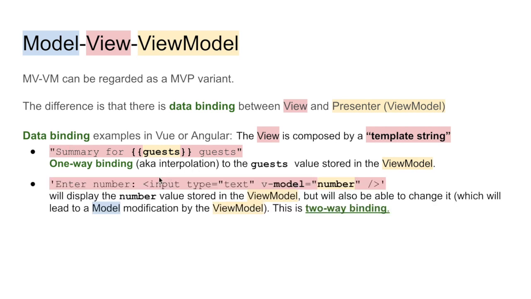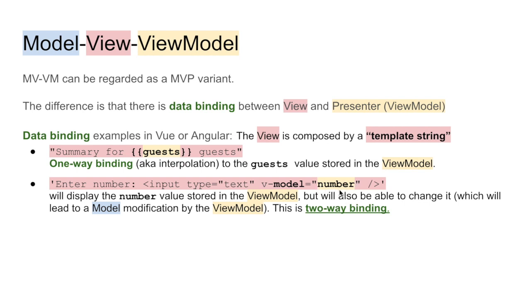The other step here is that this can go both ways. So if we have an input instead of a display of a number, then we say here vModel equals number, which means that whenever this input is going to change, we change things in the view model, which might then change things in the basic model. Or whenever the thing in the view model changes, we will update here.